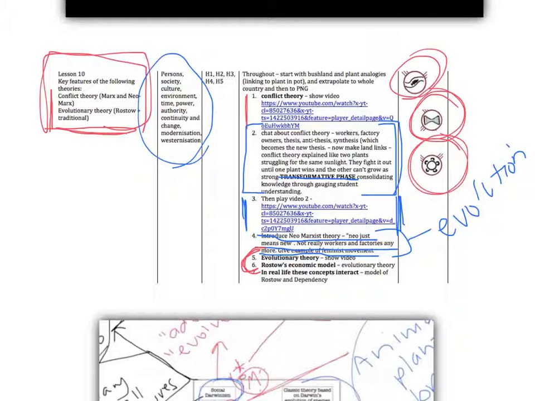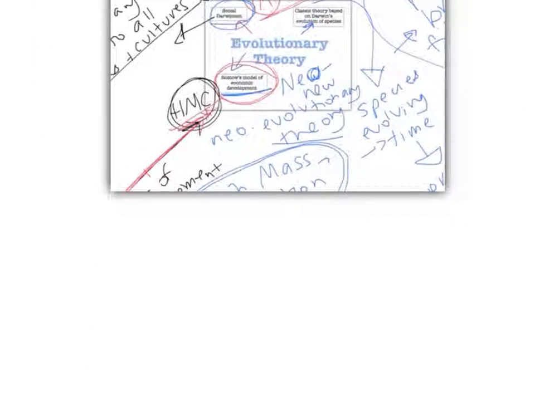The next thing that we would do is relate Rostow's model of economic development, which is a neo-evolutionary theory, and dependency theory, which is conflict theory. It's a neo-Marxist theory, and how they interact in the world.